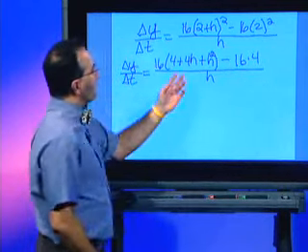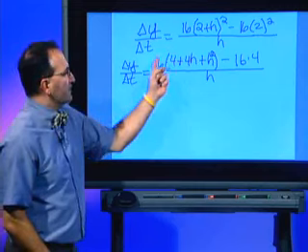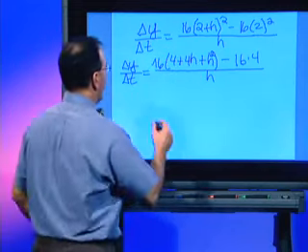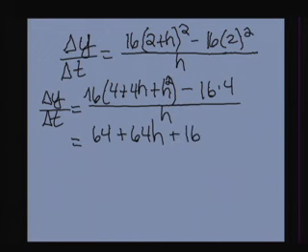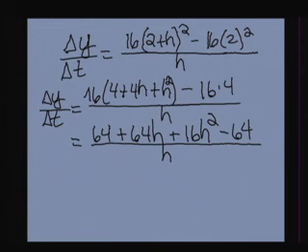Now we have to take the 16 and distribute it in there. So we'll get 64 plus 64h plus 16h squared minus 64, all over h. The 64 and the negative 64 add up to 0.